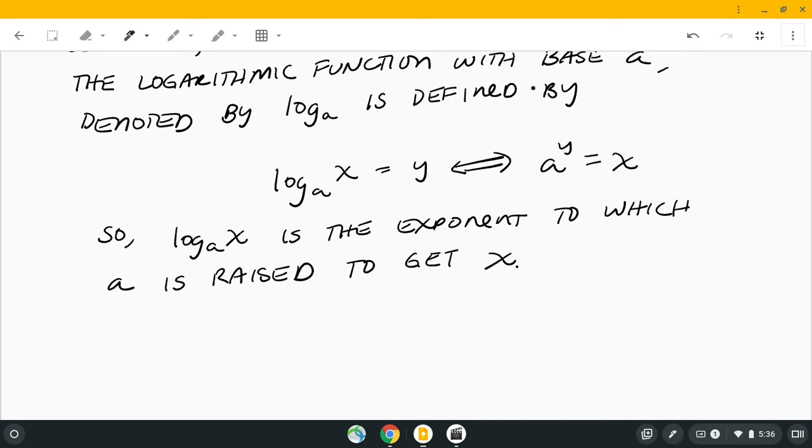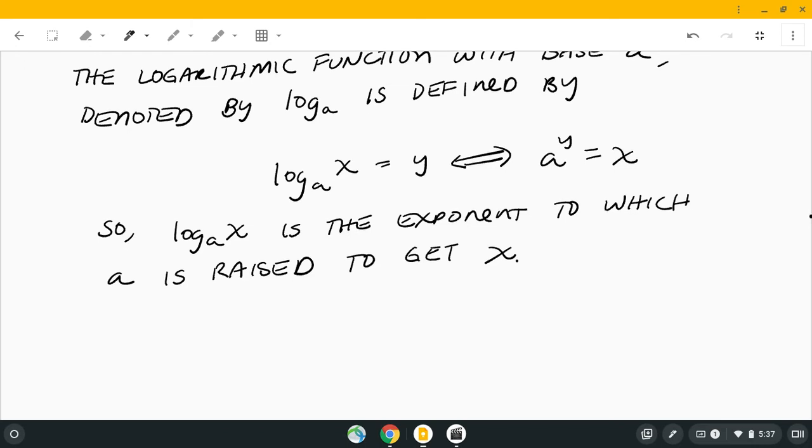So I can substitute this in for the y value, so that a raised to this exponent will give us x. So that's what this is saying. So log a x is the exponent, right? Because y equals this, and y is the exponent. So let's replace y with this. So log base a of x is the exponent to which a is raised to get x. Okay.